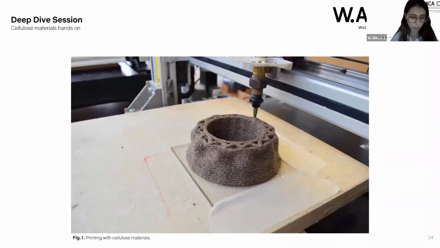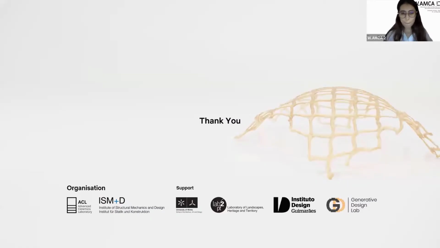At the end of the day, we will organize a workshop with natural materials, and we will demonstrate the possibility of printing with cellulose and other materials, my mixtures and Dunia's mixtures. The main point of the session is to see the material properties, the shrinkage, and the buildability of the mixtures. So thank you, and sorry for my English.